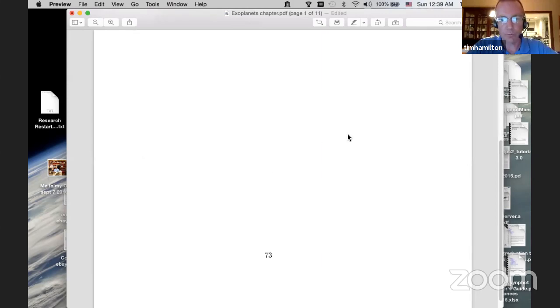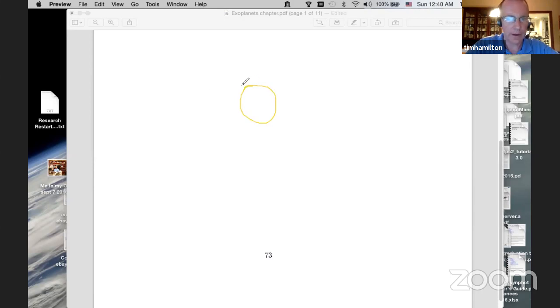So let's say that we have the star there, and then we'll take the planet and put that in blue. All right. Now, the planet, being much smaller than the star, is like that, and it's going to be moving, in this case, from the left to the right.